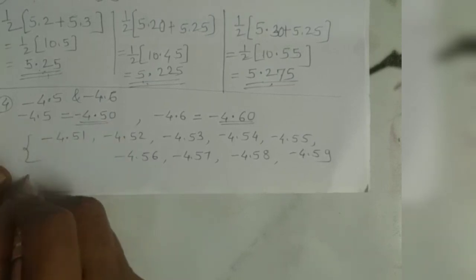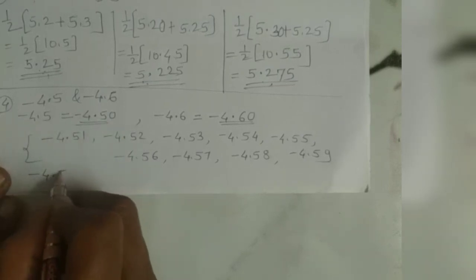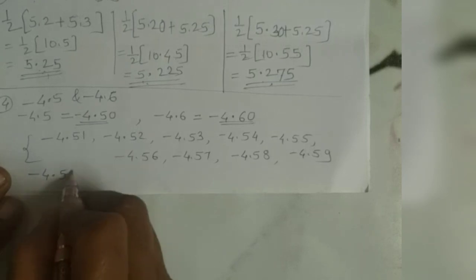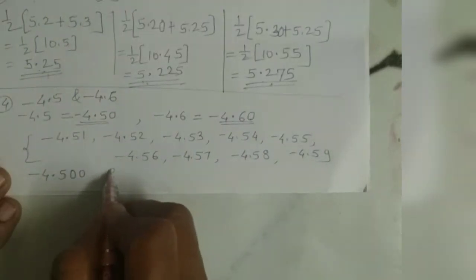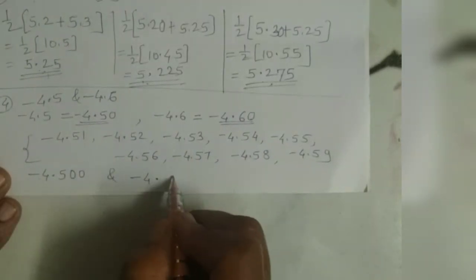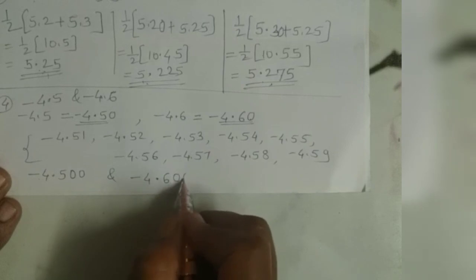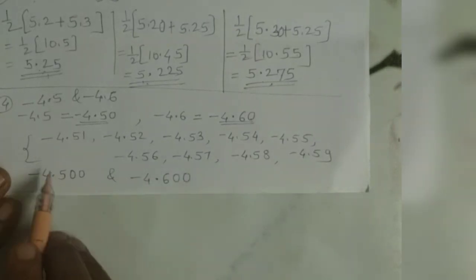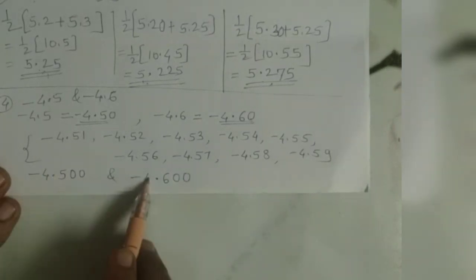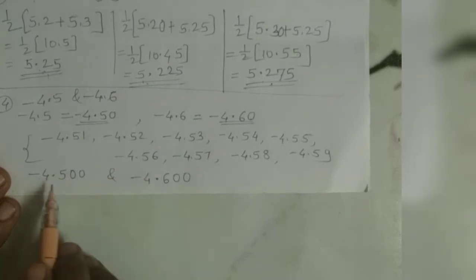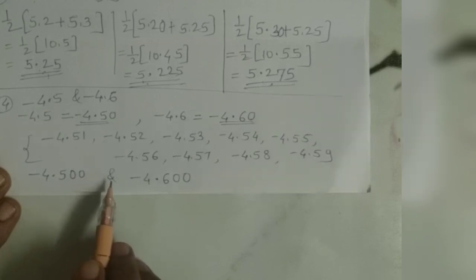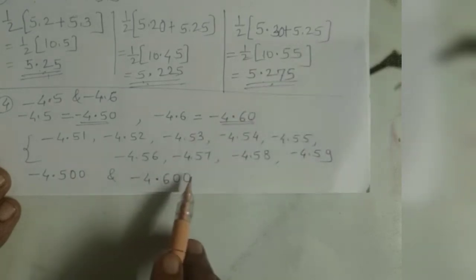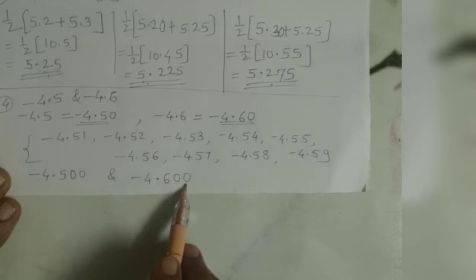If we consider it like this way, negative 4.500, and this number can be considered as negative 4.600. Then again we can write infinitely many numbers between them, like negative 4.501, negative 4.502 onward up to 599.